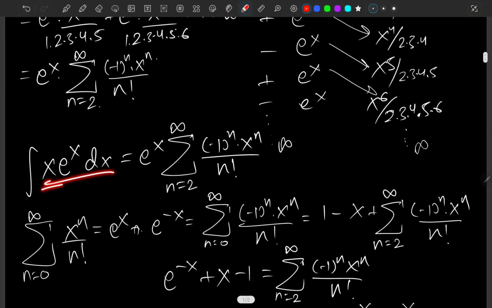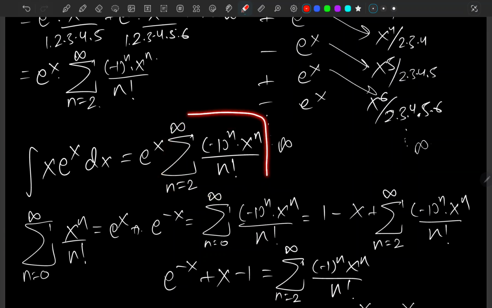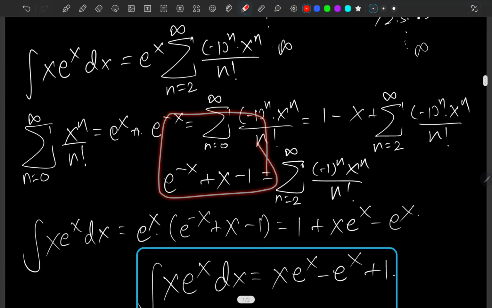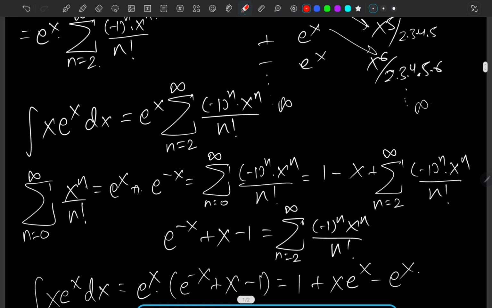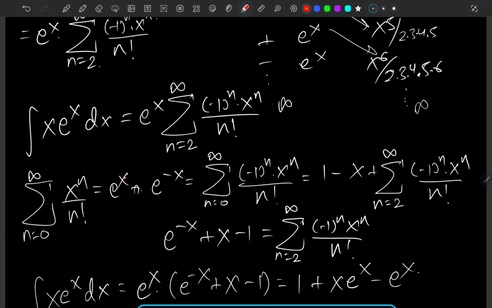So yeah, we can express this integral as e to the x factored out earlier, and this infinite sum. Next, we know that the sum as n goes from 0 to infinity of x to the n over n factorial is e to the x. And when you replace x with negative x here, that's going to give us negative 1 to the n times x to the n over n factorial as the sum goes from 0 to infinity.